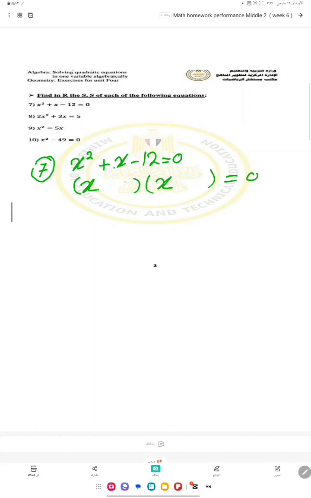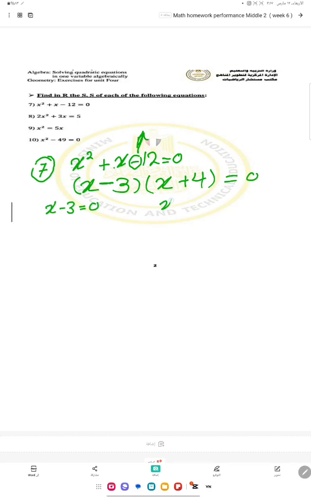So 12 is the product of 3 by 4. The sign here is minus, so the bigger number will take the same sign as the middle, which is 4 will be positive like the middle sign, and the other will be the opposite. Okay, now let's get the value of x. We can solve it like this.